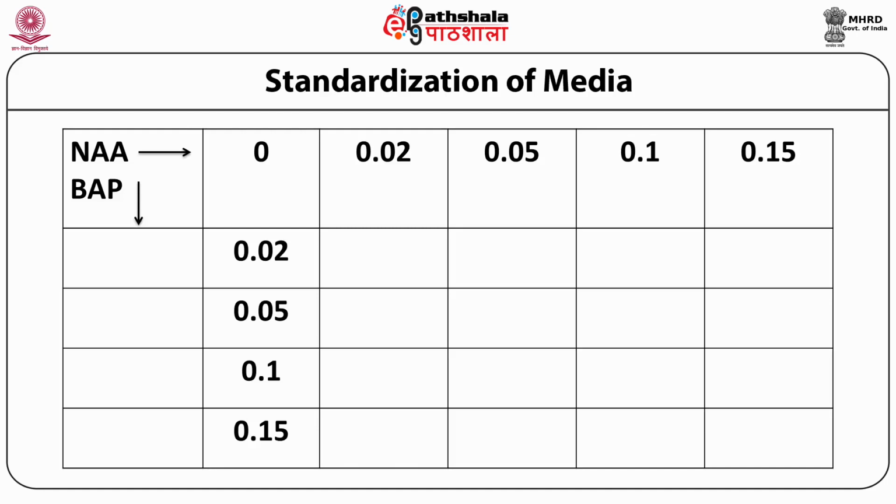So this way you are standardizing what are the requirements of the major salts, minor salts, growth regulators, and if any unknown chemicals are also required. So in this module, you have learnt about media, its constituents, how those are prepared, and how we decide on what is required by the plant.